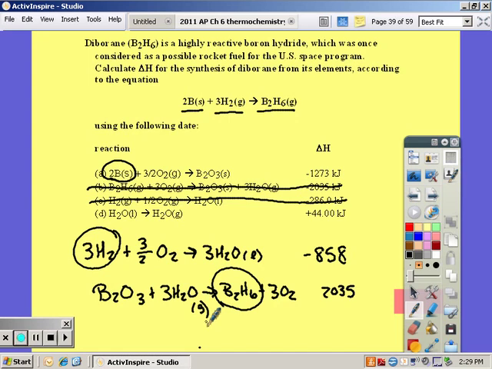We have 3 H2O gas, and on equation D we only have 1 H2O gas. It's in the correct location, but our H2Os aren't going to work out unless we multiply it by 3. So in equation D, we multiply that one by 3, everything else has canceled out.